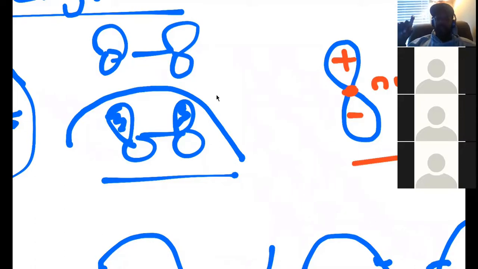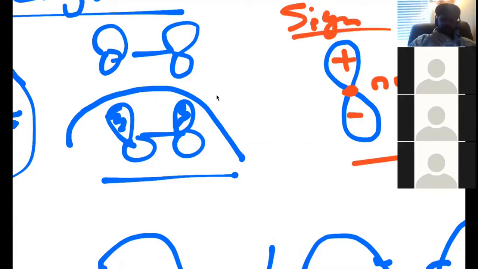Is that right? Yeah, so I guess if the electron is in one node, then it's going to be negative and then the other one will be positive, right? Well, the positive and negative is not the charge, it's the sign of the equation, right? That's what I'm trying to get at. If the orbital is an equation, then equations can have a positive side and a negative side.